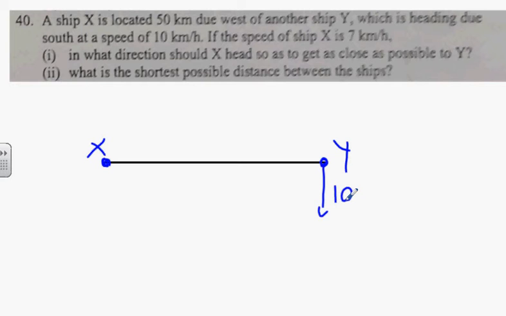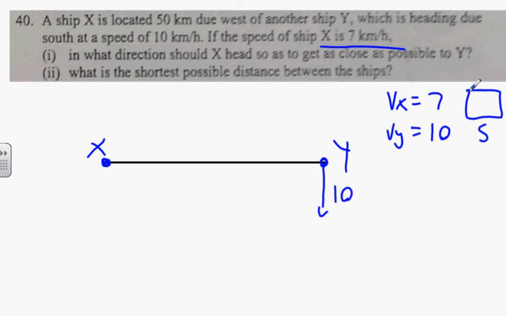The speed of ship X is 7 kilometers an hour. So velocity of X is 7, velocity of Y is 10. He's going south. We don't have a direction for this guy. And what direction should X head to get as close as possible to Y? What is the shortest possible distance between the two ships?